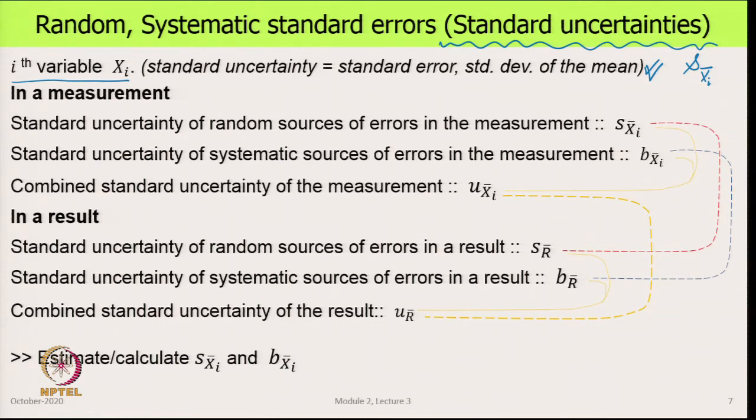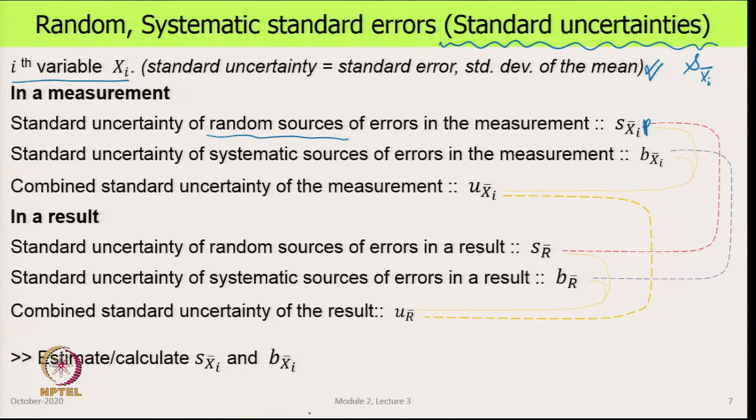In a measurement, we will have the standard uncertainty of random sources of error in the measurement as S_x_i bar. This is the symbol we will use. That means, the standard uncertainty due to all random sources in the measurement all adds up to give us a value which is over here.